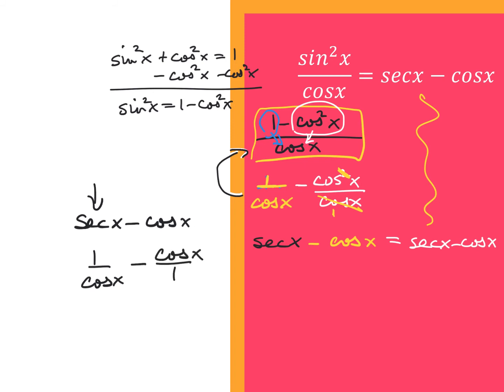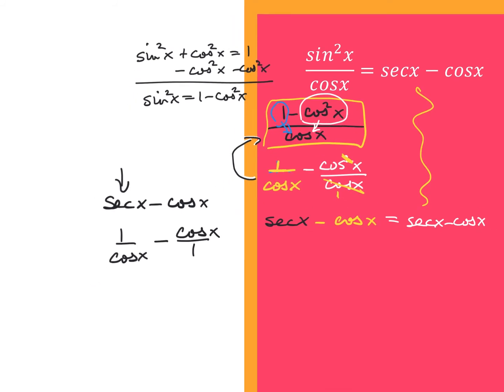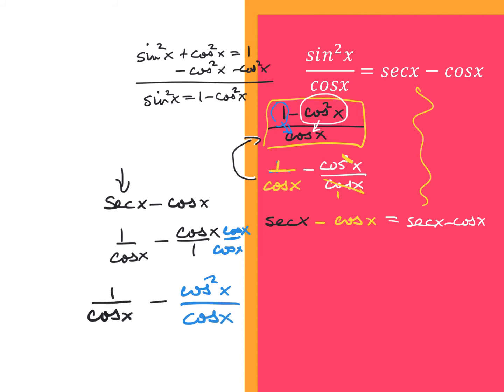And now I need to find a common denominator. And my common denominator is going to be cosine. So this one's already got it. This one needs it. Cosine x, cosine x. So when I multiply it, I get this.